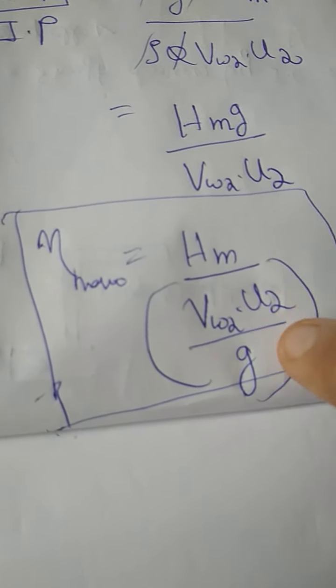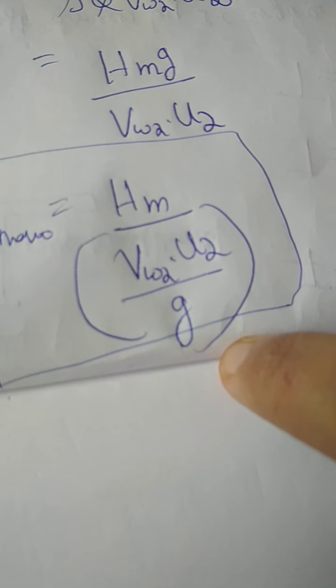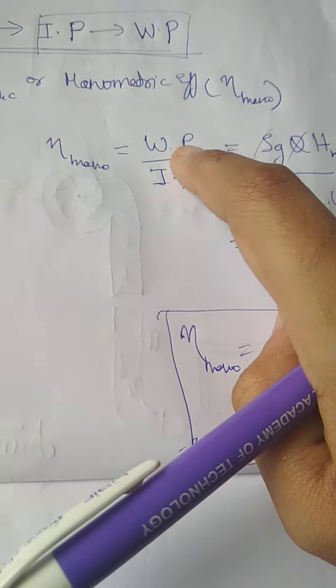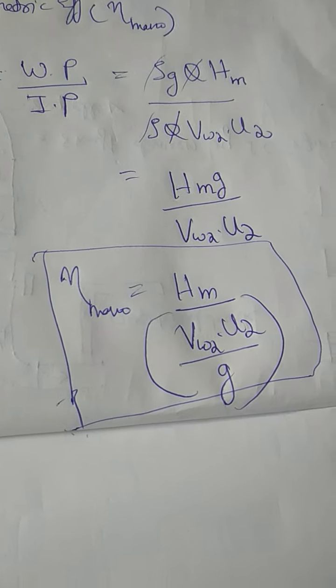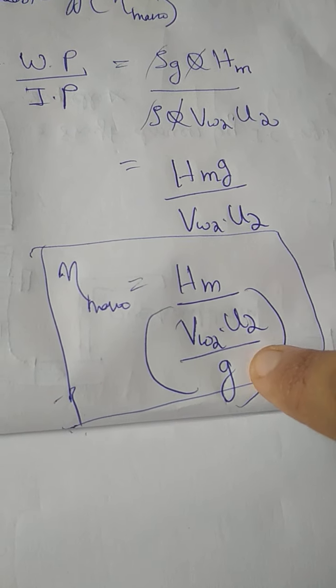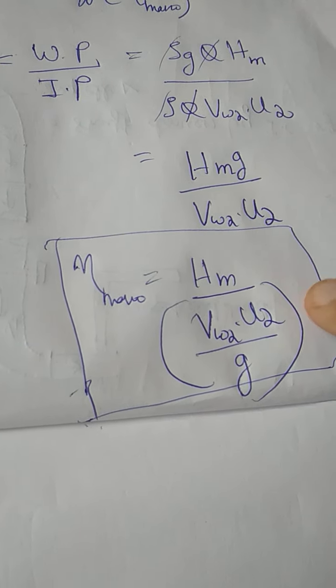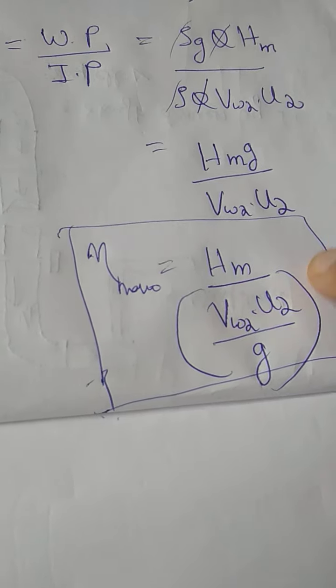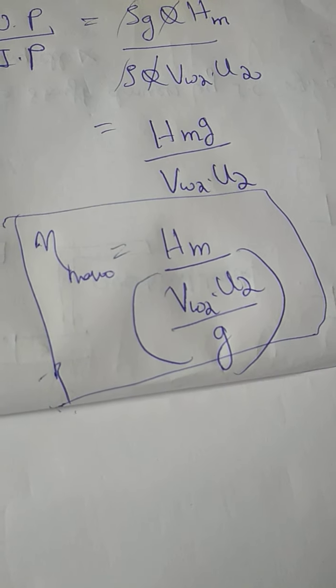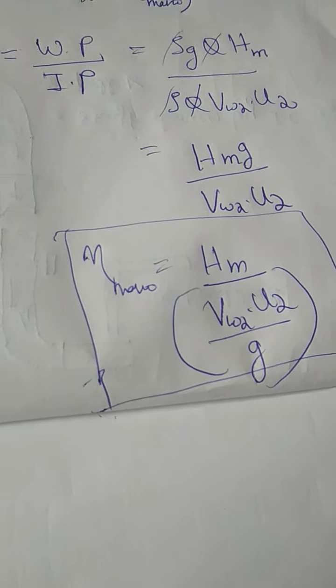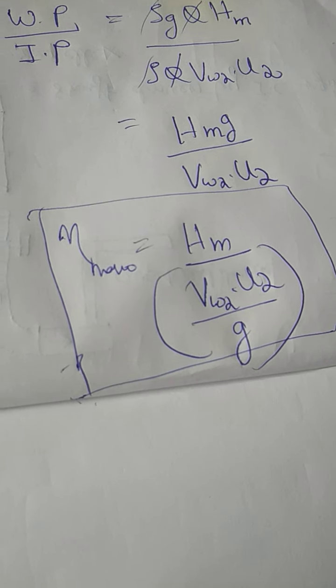So that is the ratio hm divided by vw2 u2 by g, which you can derive directly from the water power by impeller power equation also. Please keep this equation in your mind, because we need this for our next derivation of minimum starting speed. So what is manometric head? The actual head which is available from the impeller to the pump casing exit.